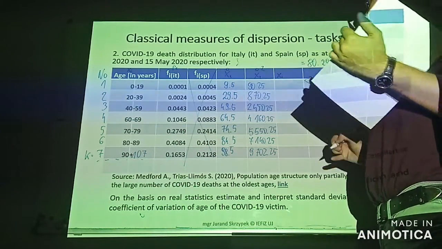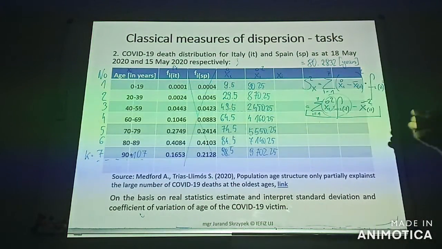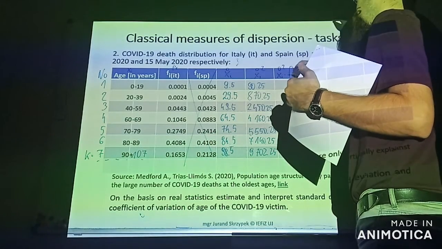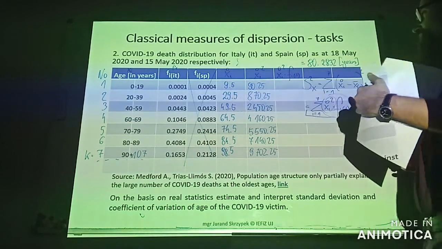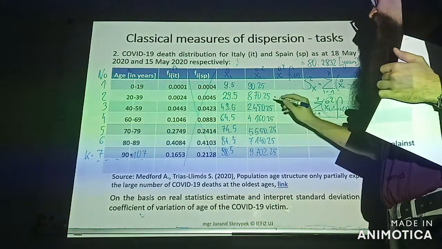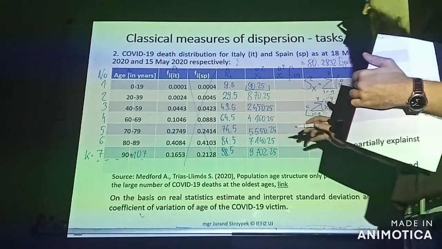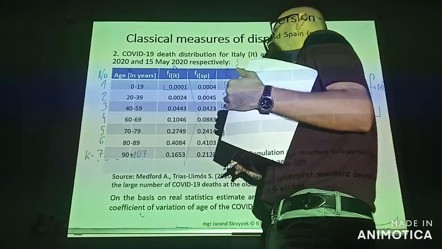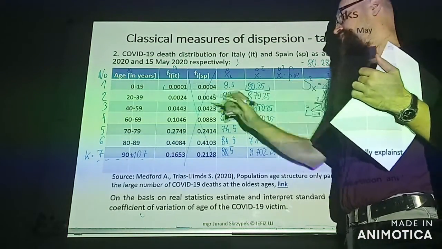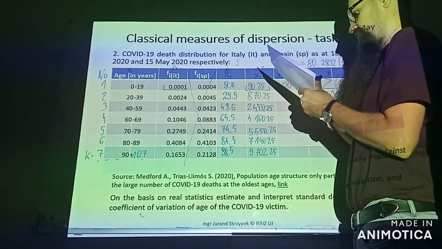So here I construct another column in which I have squared middle of the classes multiplied by relative frequencies. So in the first row I multiply 90.25 multiplied by 0.0001. This by this gives us 0.009.